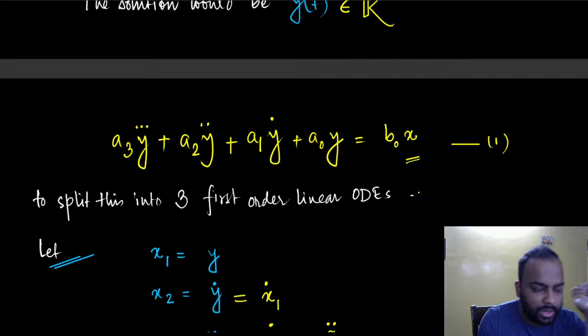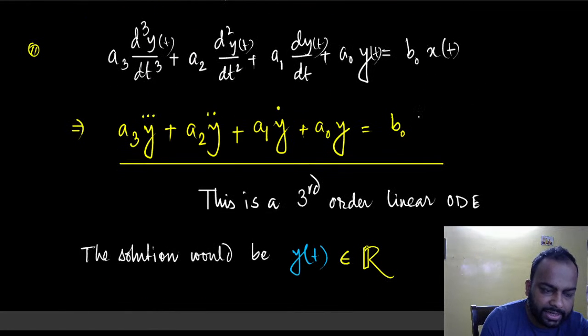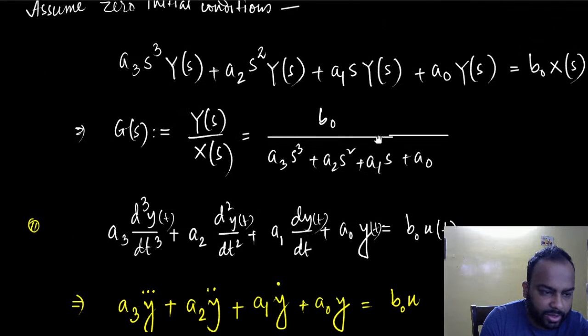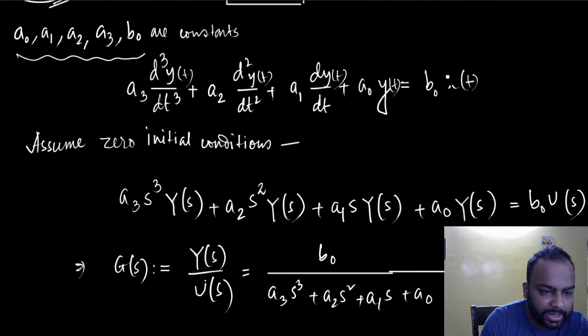Rather, let's do one thing. Instead of calling the input x, from the beginning let's call the input u. That's going to reduce a bit of confusion here. U is just a name, so don't worry about that. It does not correspond to a step input or anything of that sort.